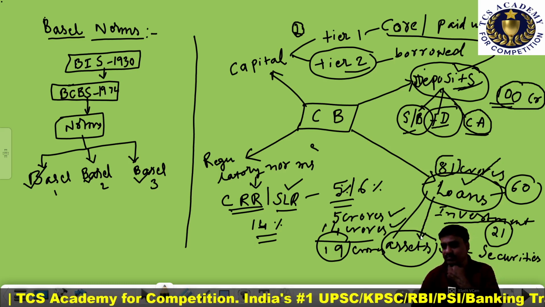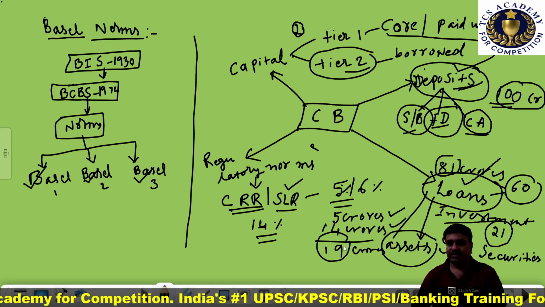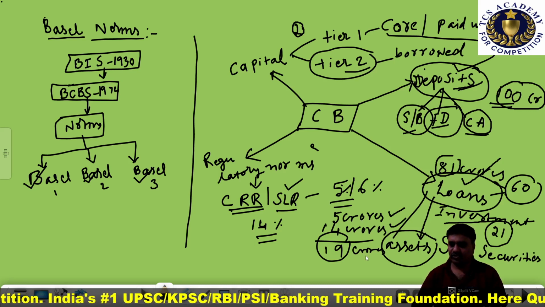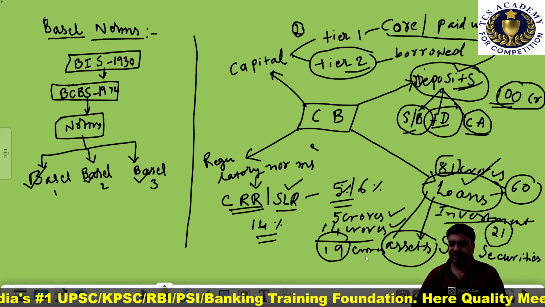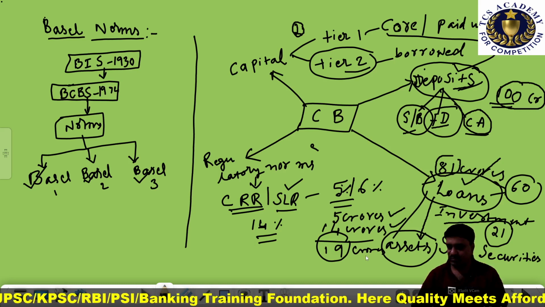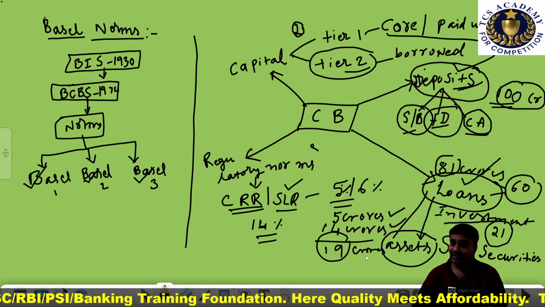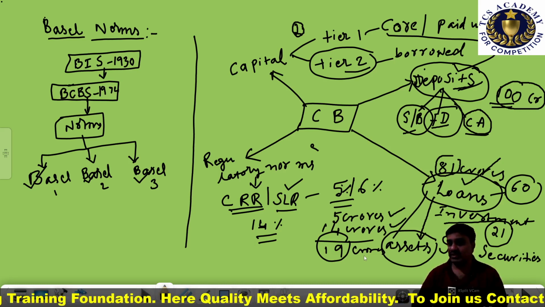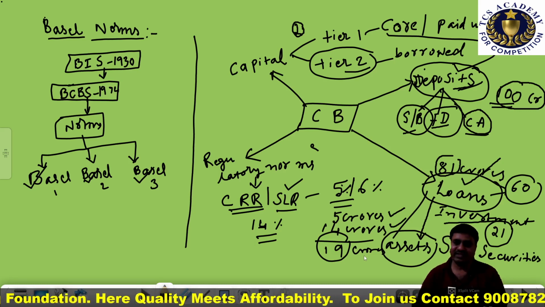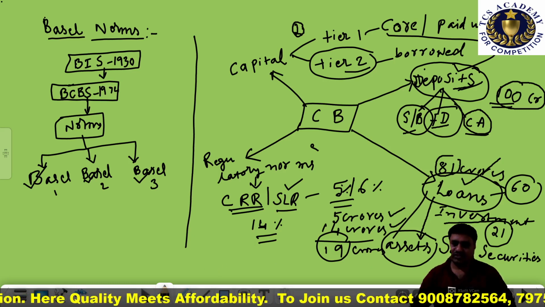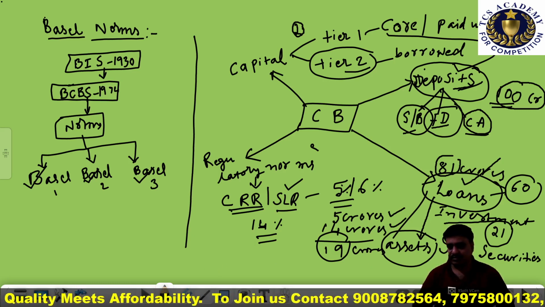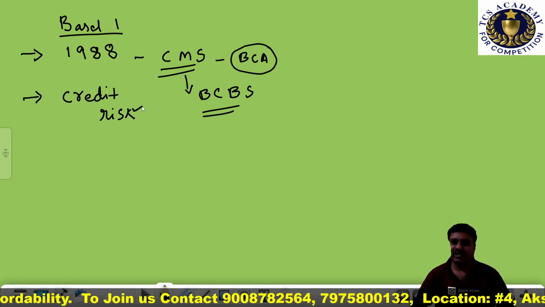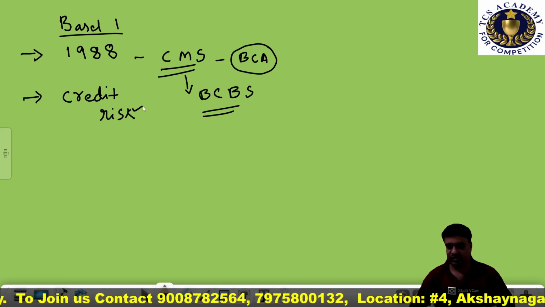Do the bankers expect that the people who have taken the loans are paying the principal and interest on time? No guarantee. So these are assets for the banker, but there is a credit risk. What is credit risk? There are chances of defaults.